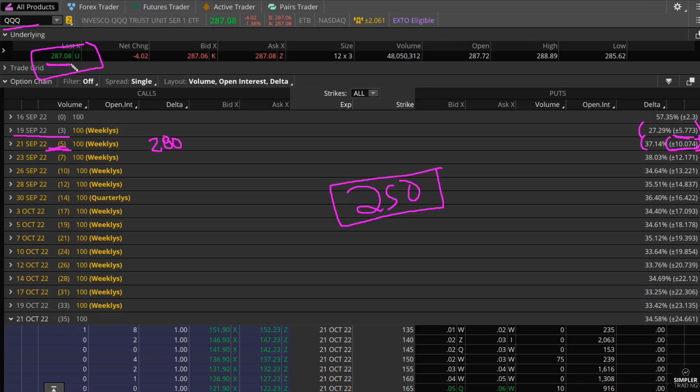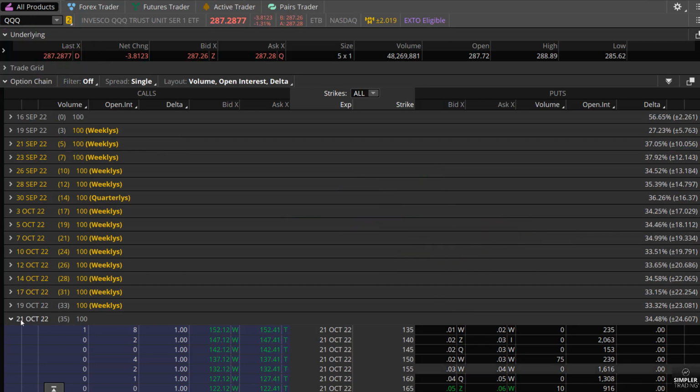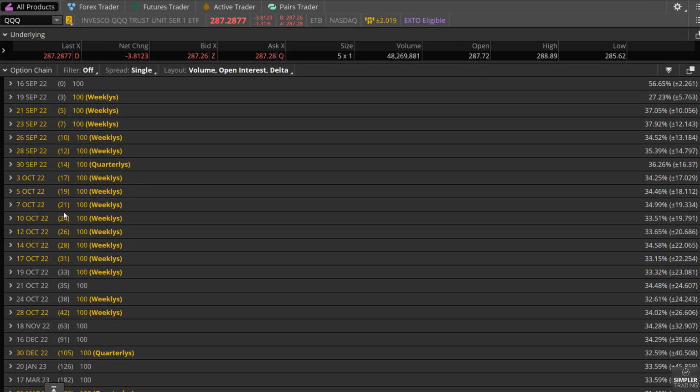There could be a black swan event. But it is highly, highly unlikely because the market makers and the options chain are telling you that in order for the Qs to hit 250, you're really looking at a $37, $40 move.